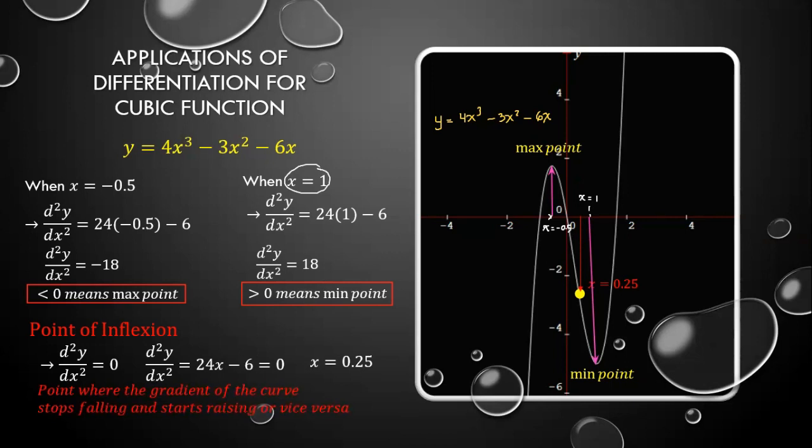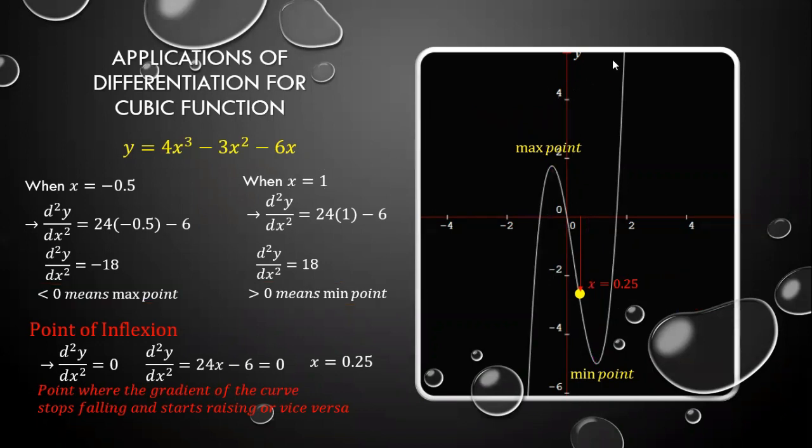So the point of inflection is the point where the gradient of the curve stops falling and starts rising, or vice versa. So is it clear to you, everyone? The application of differentiation for the cubic function is done. Very clear, right?